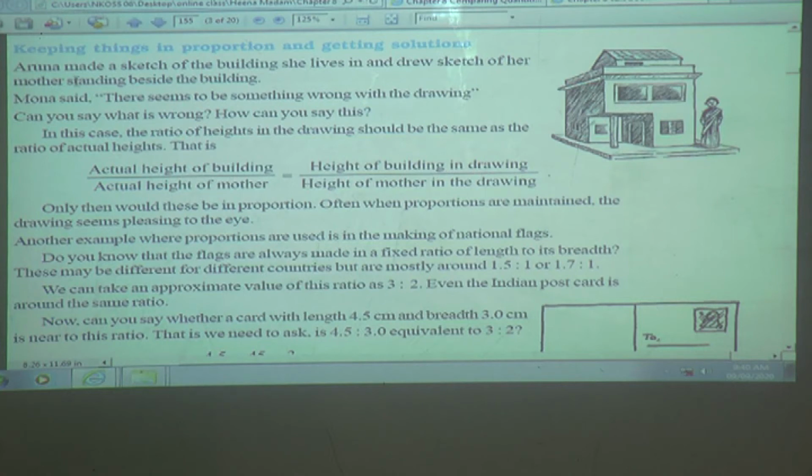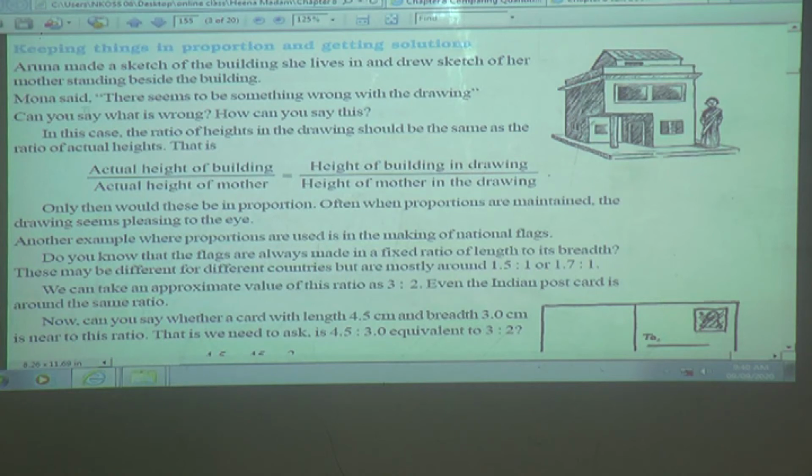Aruna made a sketch of the building she lives in and drew a sketch of her mother standing beside the building. She is good at sketching, she has drawn the building as well as her mother standing beside the building.